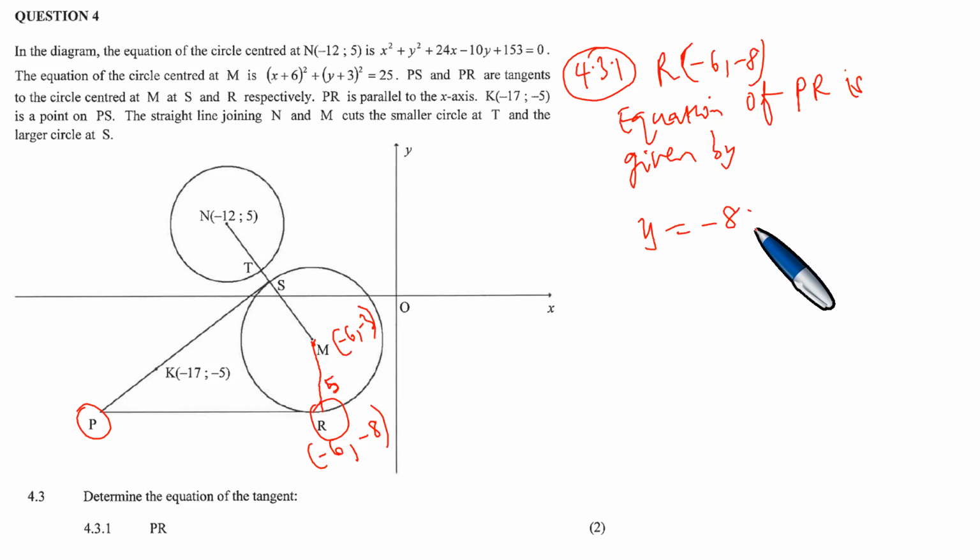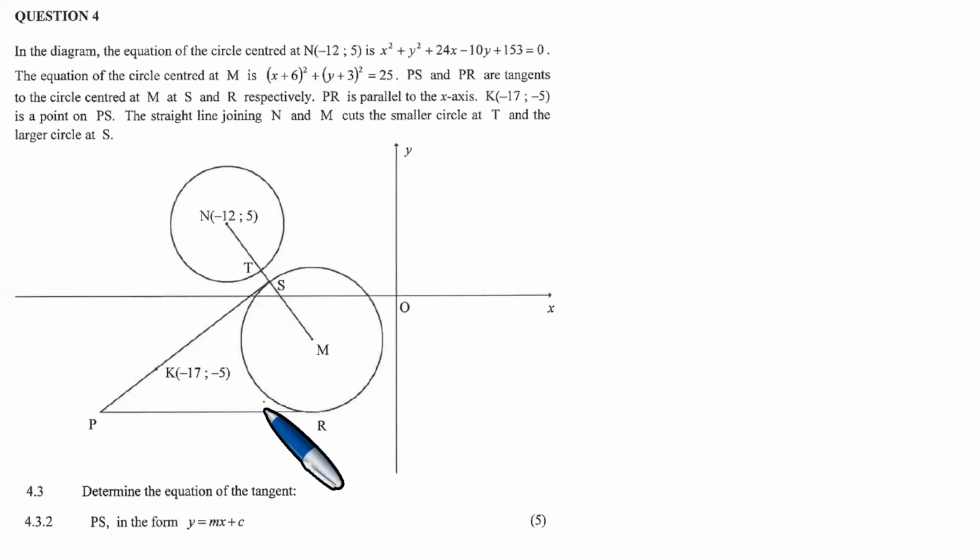Next question. So now you come here to the diagram, and the equation is y equals -8. That is the equation of the line PR. The line PR is also a tangent to the bigger circle. Okay, we continue.